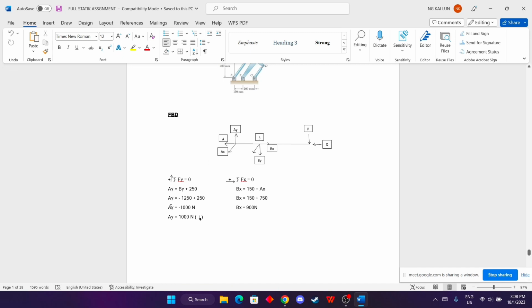Okay, then we got the last answer here, Ay equal to 1000 Newton, and then for Fx we take all the Fx forces at the FBD, and then take the Bx, and then we derive Bx equal to 150 plus Ax plus Bx, and then we got the last answer, Bx equal to 900 Newton.